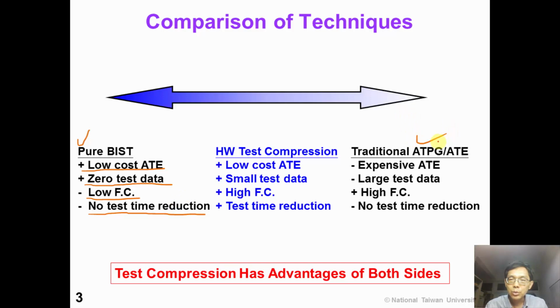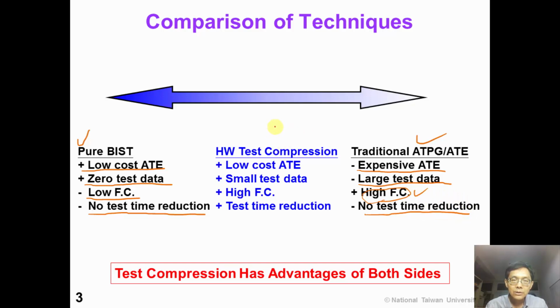On the right extreme, we have the traditional ATPG and ATE solution, where we require very expensive ATE and the test data volume is very large. But the advantage is fault coverage is very good. Unfortunately, we cannot save test time.